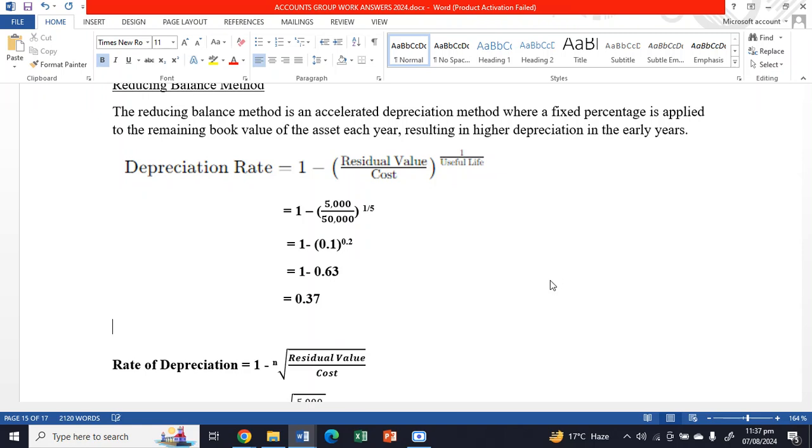To convert it into a percentage, 100 times 0.37, 37%. Yes, 37%. So this is the rate we're going to use for the reducing balance method. Any questions before I begin?